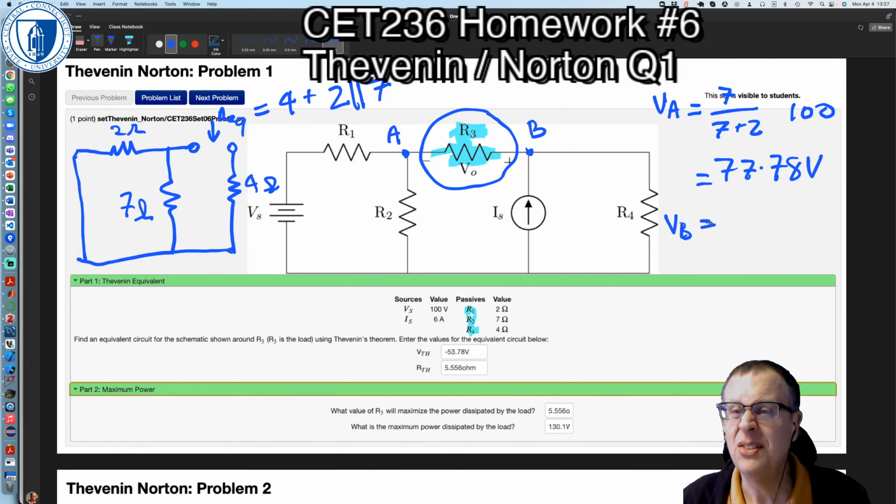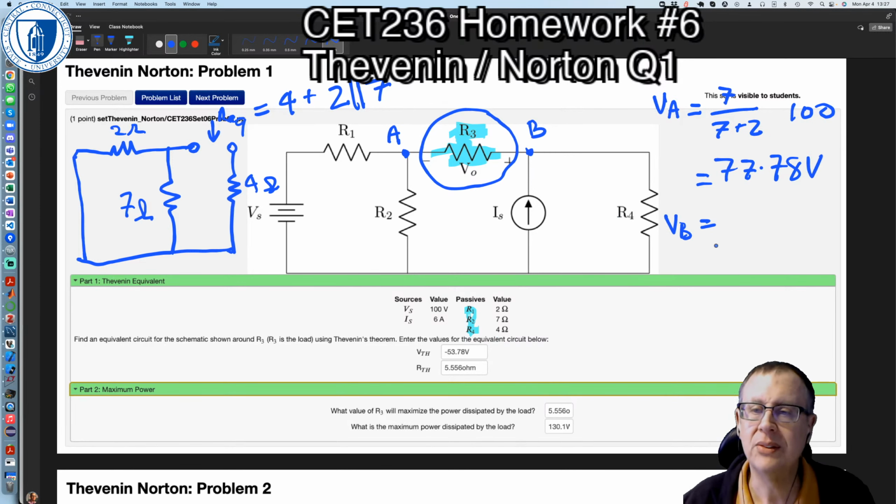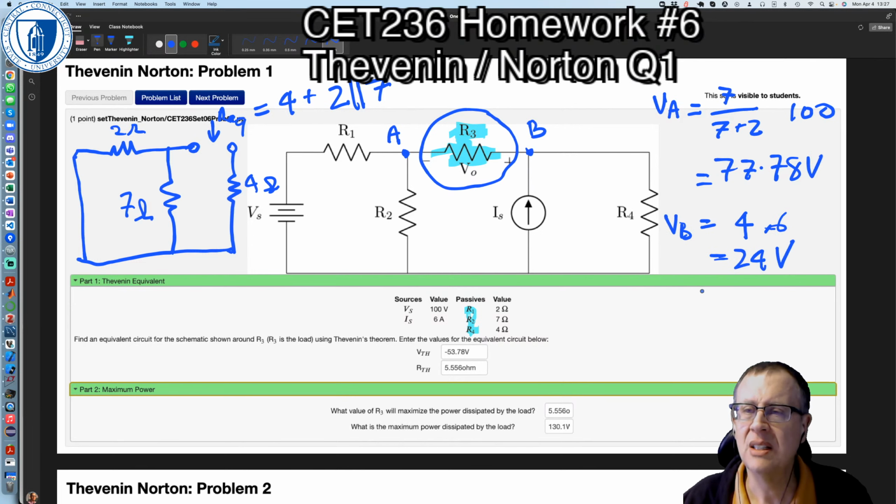And then VB is just going to be, the only thing happening on the other side of the circuit is that Is is going straight into R4. R4 is 4 ohms, and the current is 6 amps, so that's just going to be 24 volts.